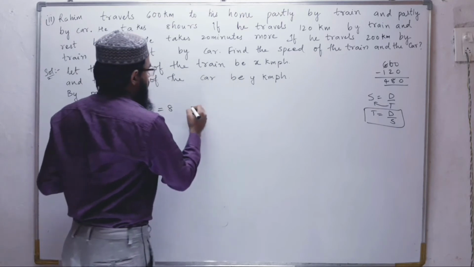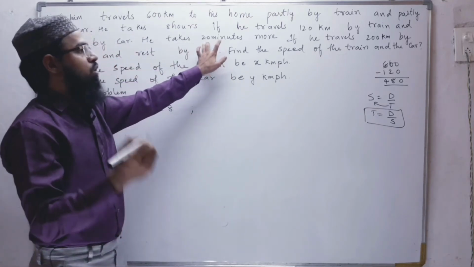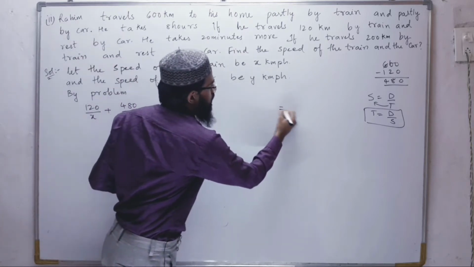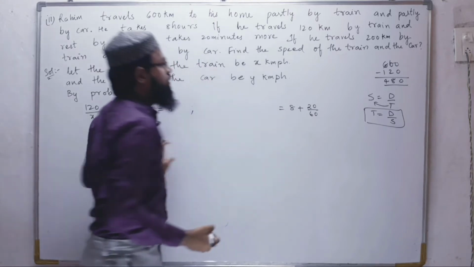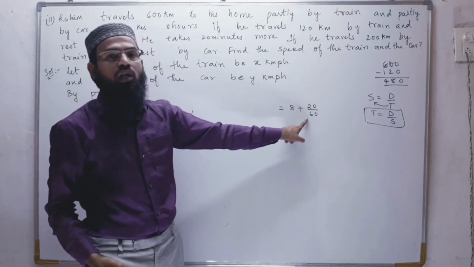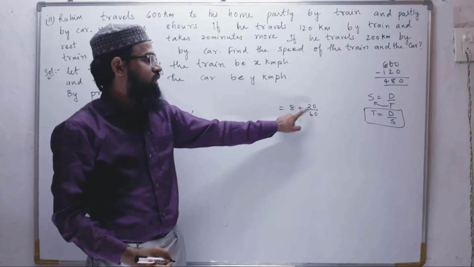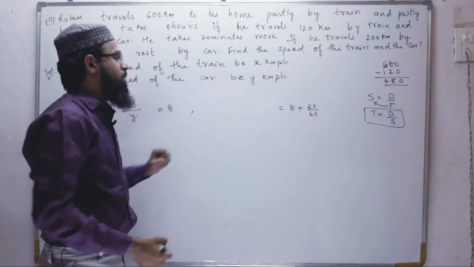Next, they have given the second condition, that is 20 minutes more. 20 minutes more means 8 plus 20 by 60 hours. So we have to convert these minutes into hours. To convert minutes into hours, we divide by 60. So 20 by 60.